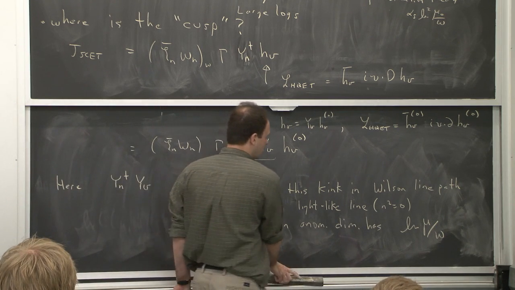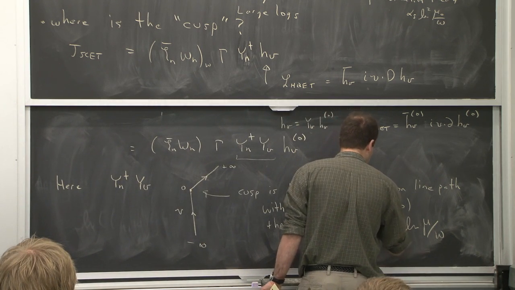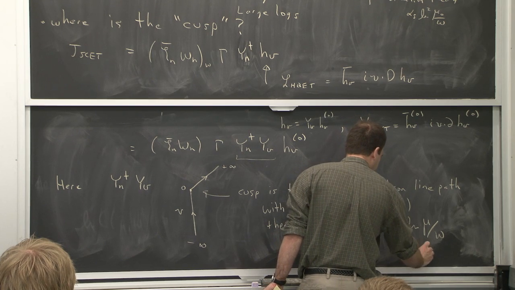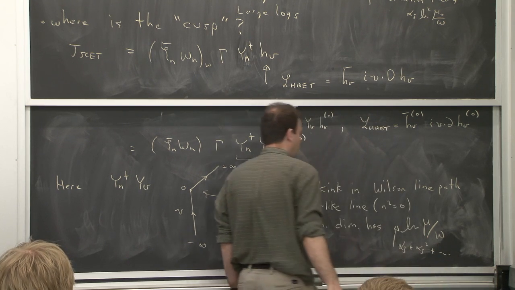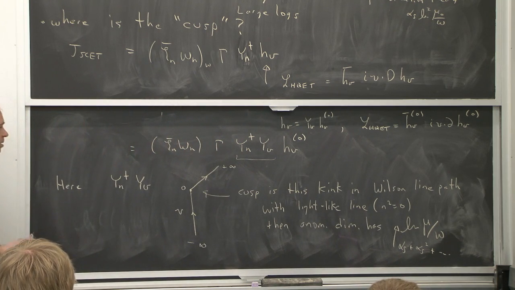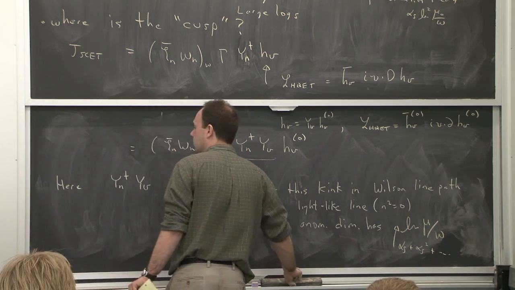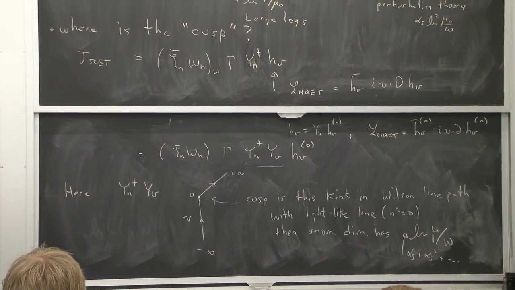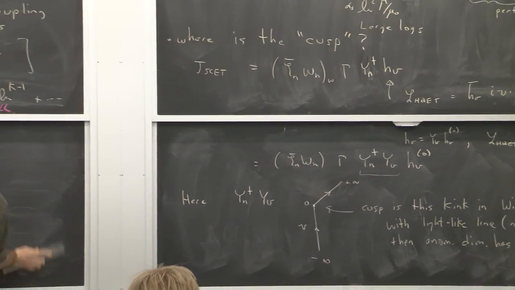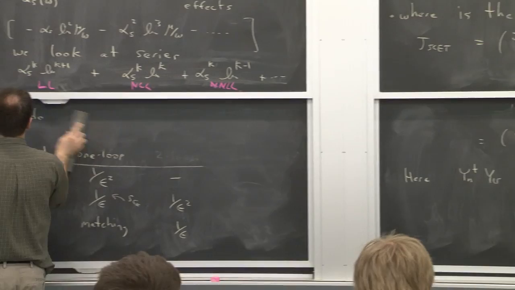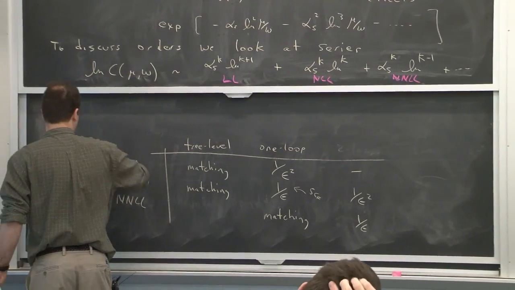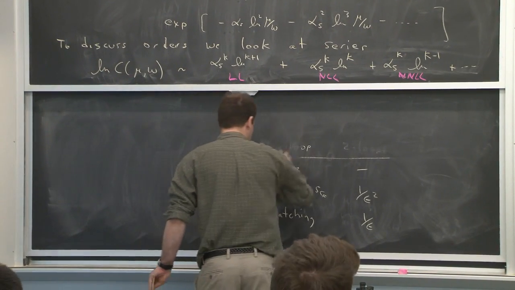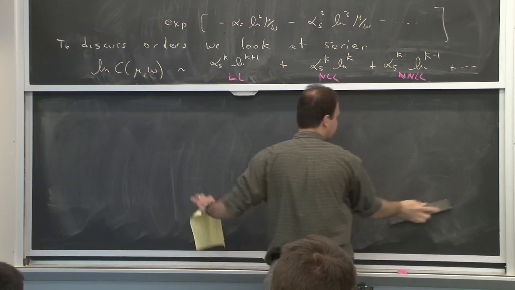If we'd gone to higher orders, the coefficient of that log would get corrected, but there'd still be only one log in our anomalous dimension. That's also something you can argue from SCET directly, but originally it follows from this general theory of the renormalization of cusps of Wilson lines.